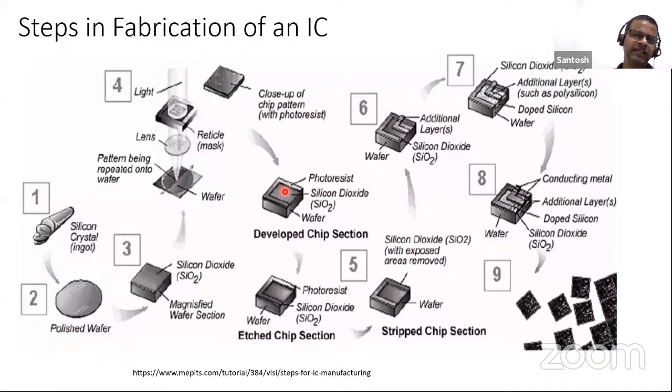When using a cleanup process, the so-called development process, using solvents, this part of the photoresist can be cleaned out. So you have photoresist here, you have no photoresist here. So the silicon dioxide is exposed here. In the next process, the silicon dioxide is removed. Once the silicon dioxide is removed, the bare silicon is exposed again.